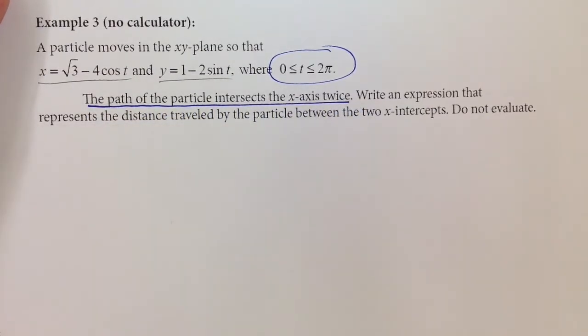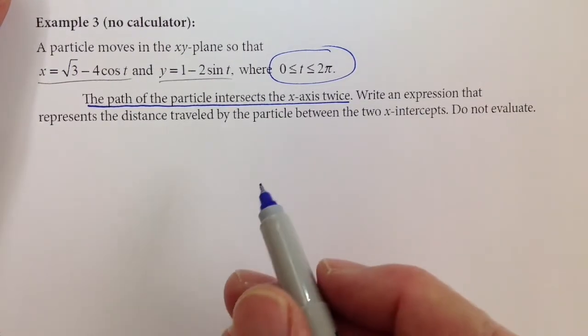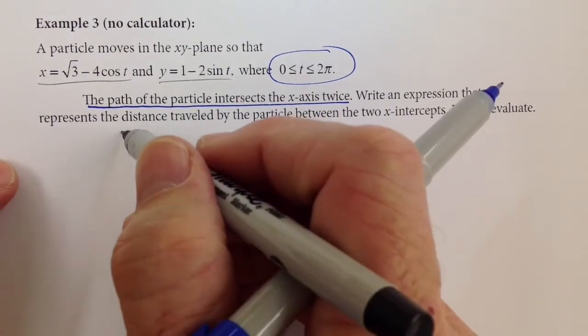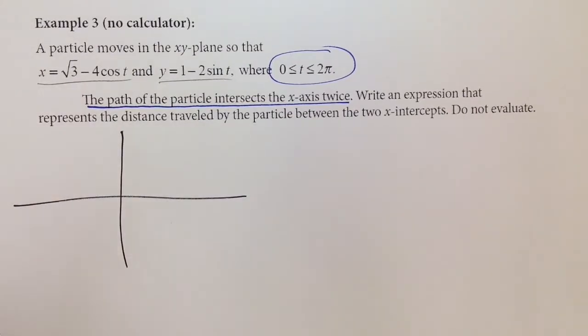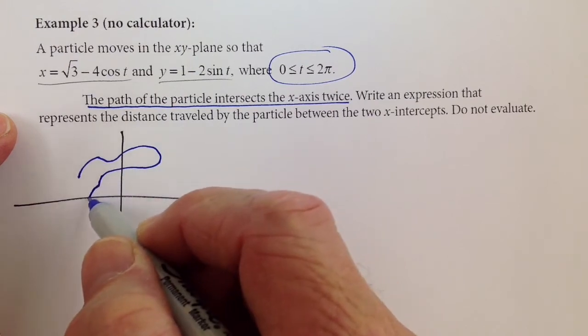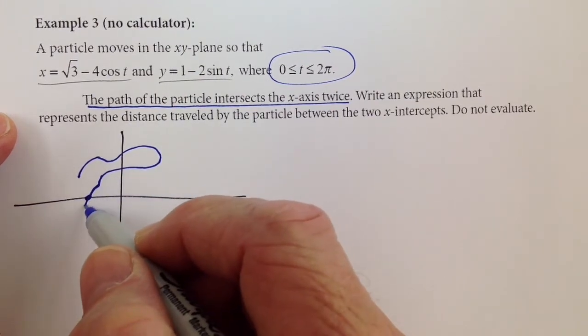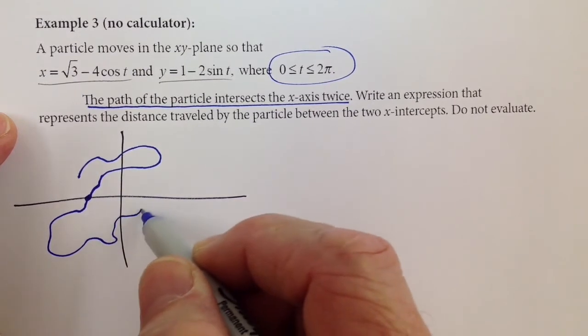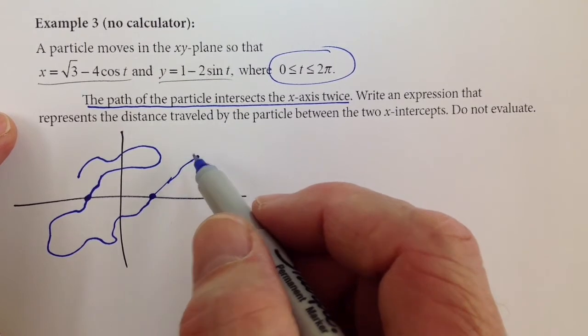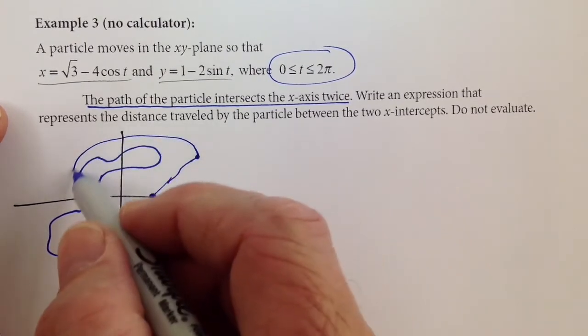It says the path of the particle intersects the x-axis twice. Okay, so the path of the particle intersects the x-axis at the points where the y component is equal to 0. So you've got this particle moving around, and we don't know where it starts, but all we know is that it hits the x-axis once, and it keeps going, and then it hits the x-axis again, and it keeps going, and maybe it stops in the same place that it started.